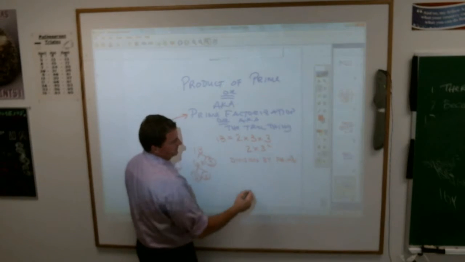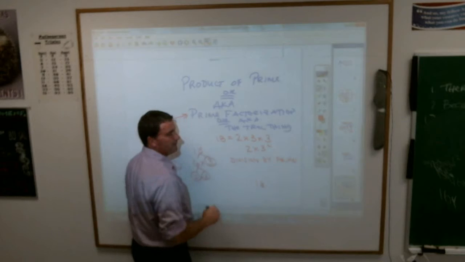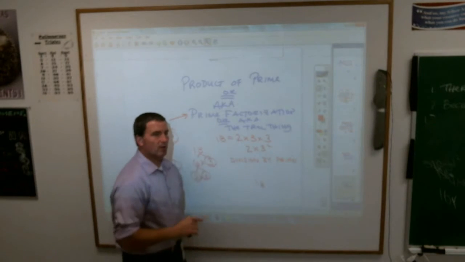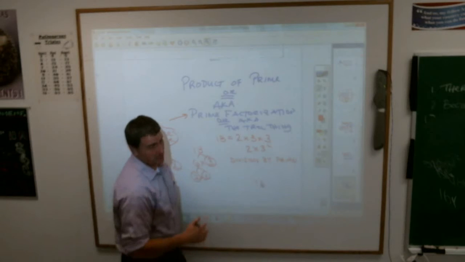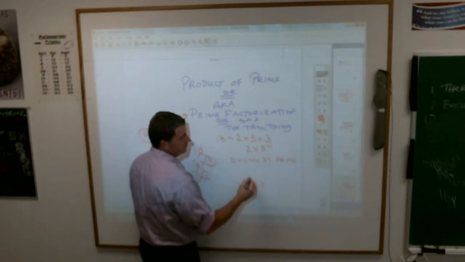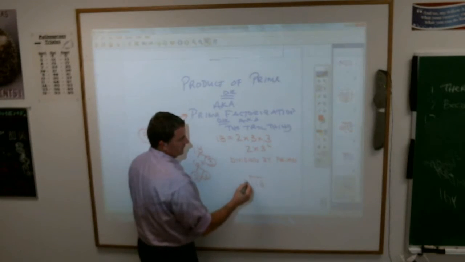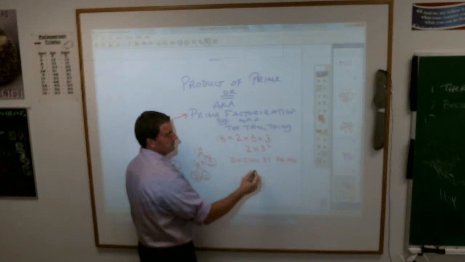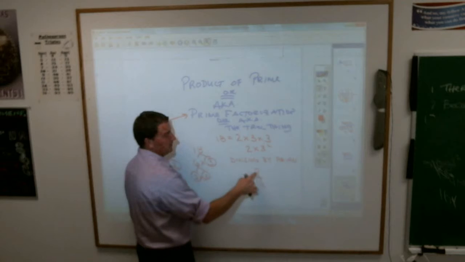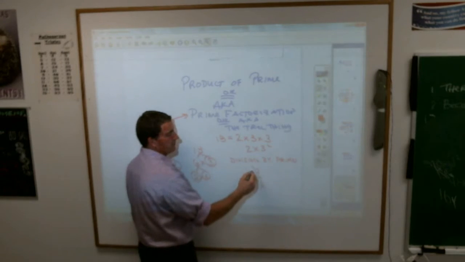Okay, so for example, let's say you have 18. Rather than doing a factor tree, you think about what prime number you can divide 18 by. And usually you try for 2s and 3s. You can divide a 2 into 18, so you write a 2 down. That's your first prime number. How many times does 2 go into 18? 9 times. And then you keep doing that as you work your way up.